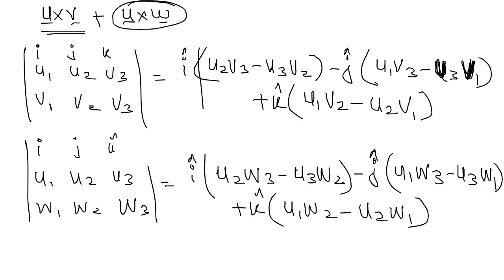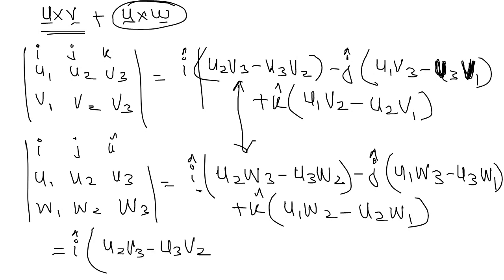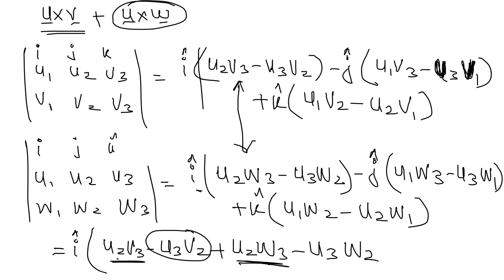Now you add them. When you add them, the i components add with the i components. What will be the i component? u2 v3 minus u3 v2 plus u2 w3 minus u3 w2. Add this component and you have to write the minus component.